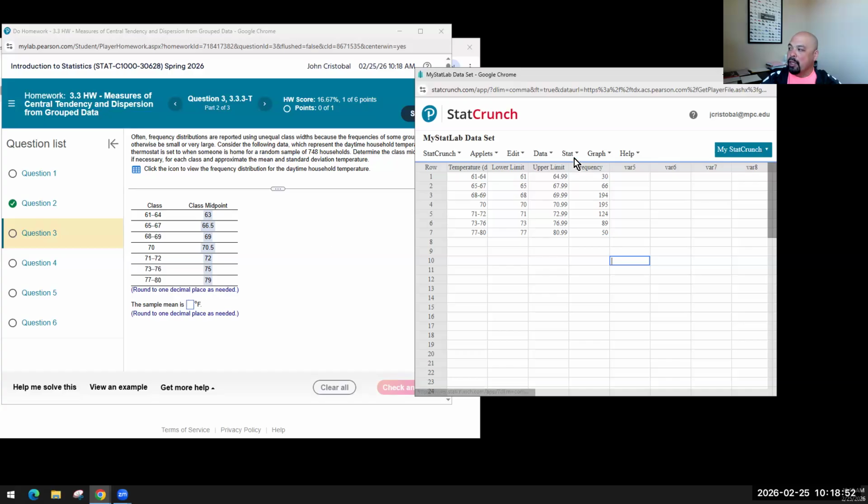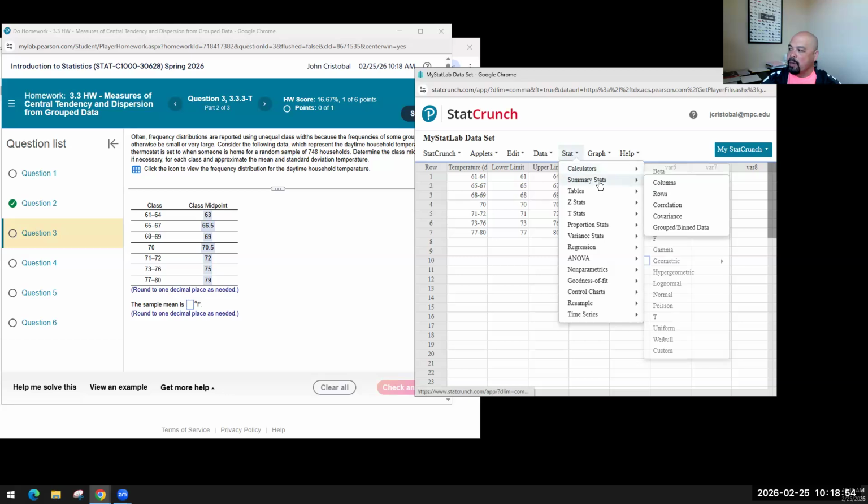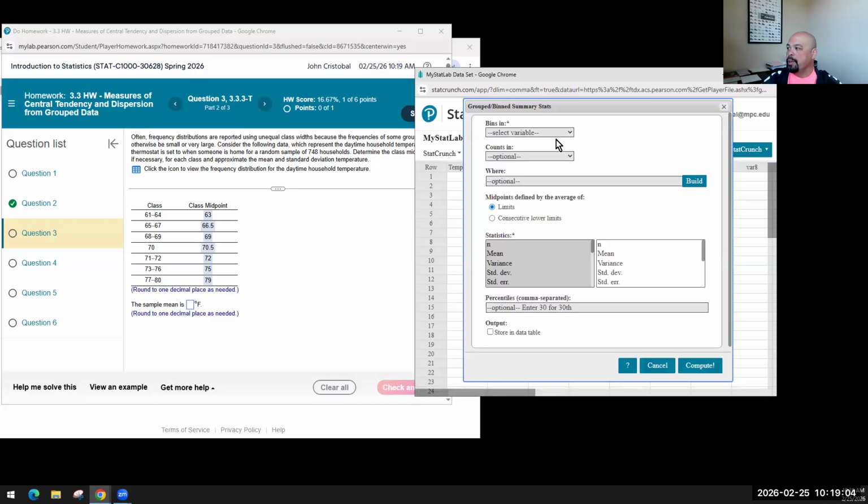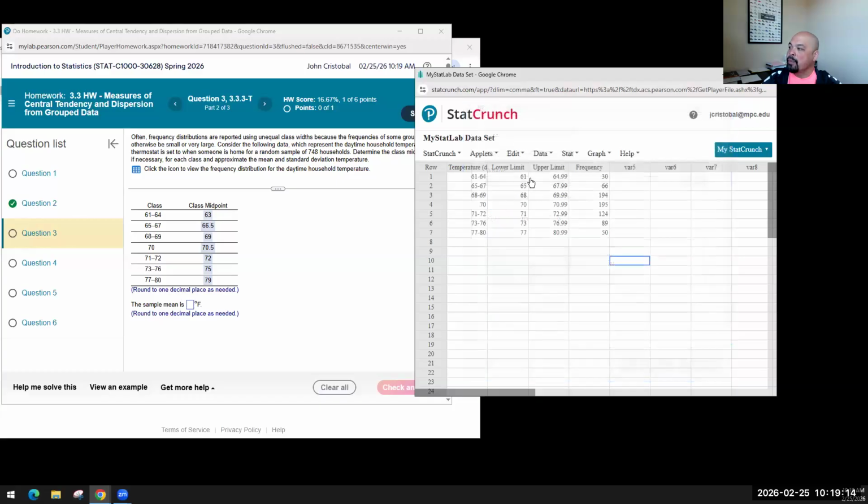So now when I want to calculate the mean and standard deviation, again we're doing summary stats, but now we have grouped or binned data. We put everything in a bin, a little bucket of these different groups, these classes. So I go to grouped or binned data, our bins, our different groupings. Looking at our data, coming back to our StatCrunch, let me close this for a second.